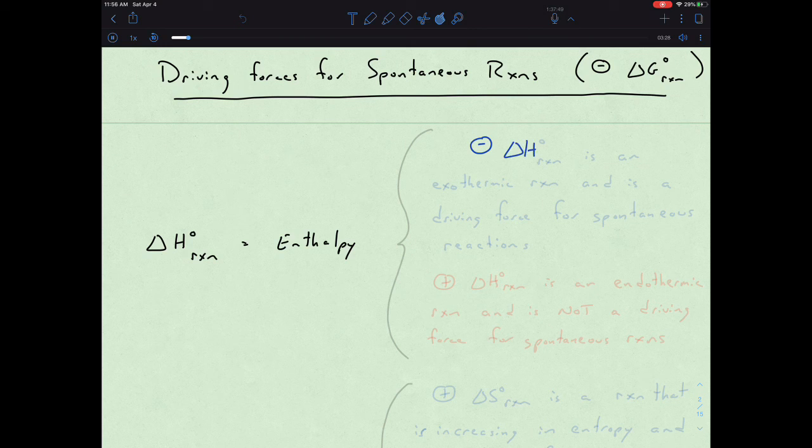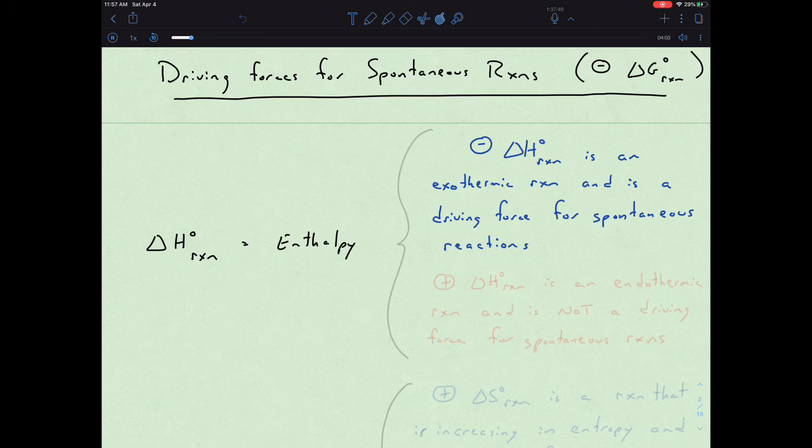A negative delta H of reaction is an exothermic reaction and is a driving force for spontaneity, or for spontaneous reactions.